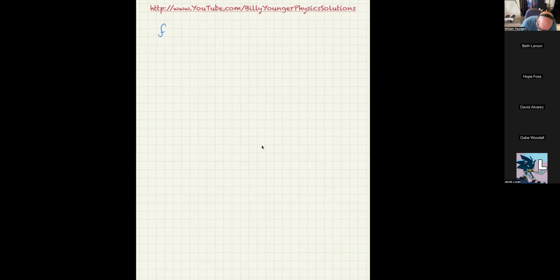So it's F sub s, which means static, is less than or equal to... and now this is where I'm going to come in and tell you it's directly proportional to the normal force, which I've already been telling you. Okay. But the constant of proportionality is what we call the coefficient of static friction.